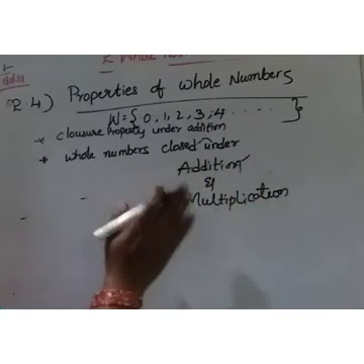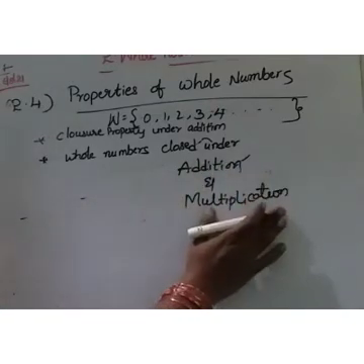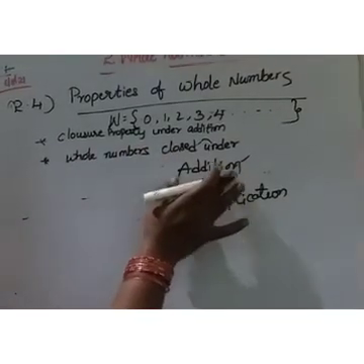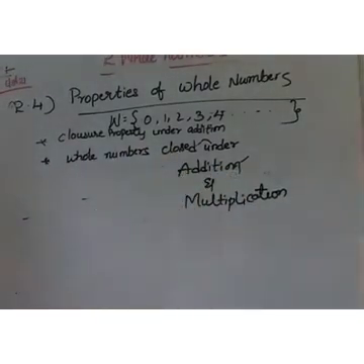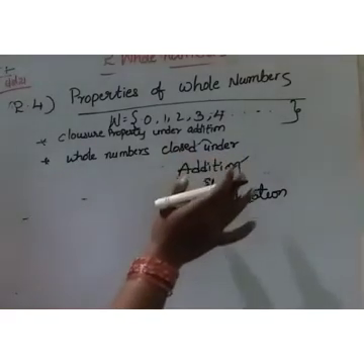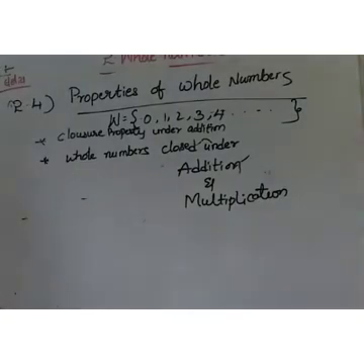When we multiply any two whole numbers, we get a product that is also a whole number. When we add any two whole numbers, we get a total that is also a whole number. That is why whole numbers are closed under addition and multiplication.